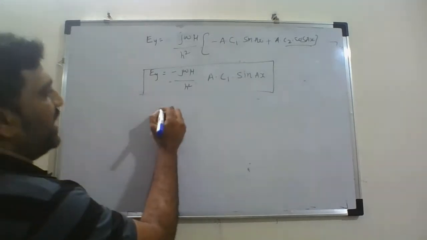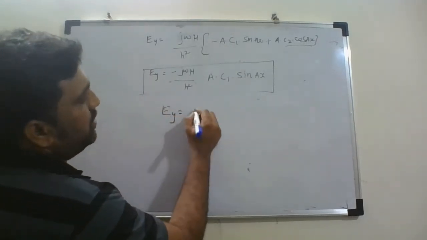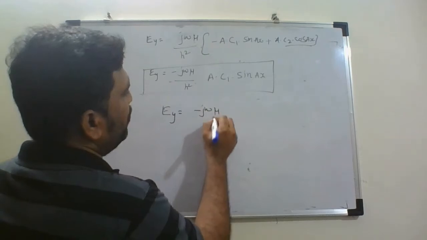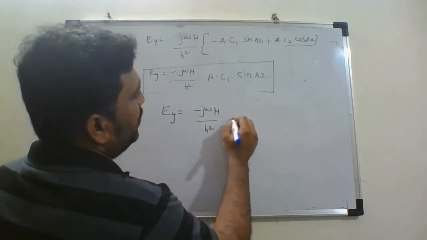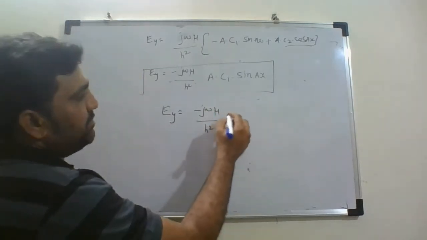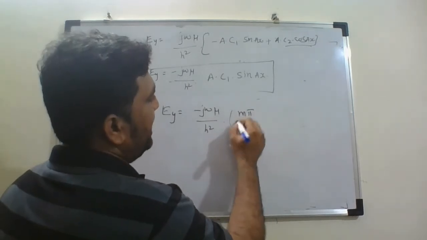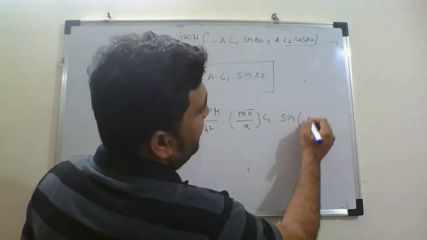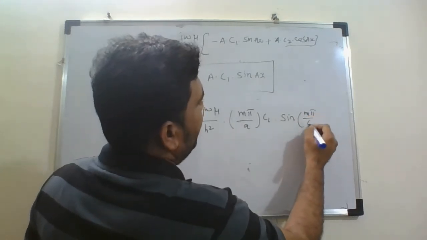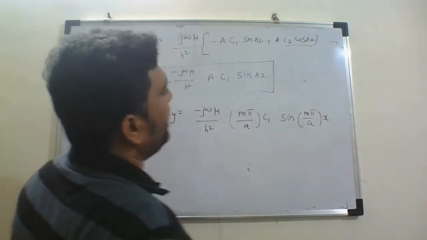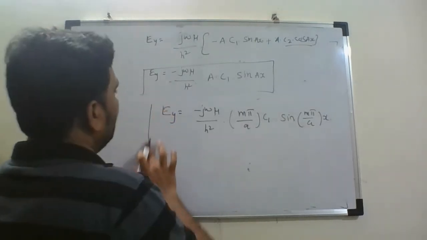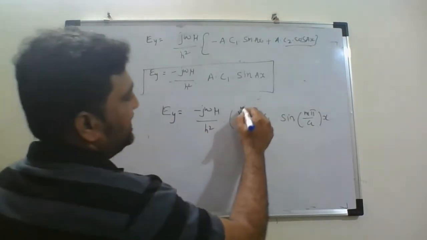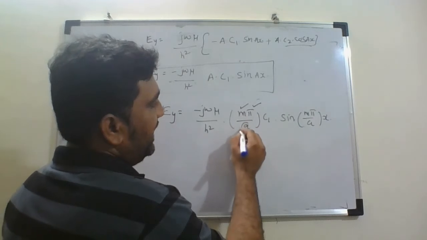So let us substitute that. Ey is equal to minus j omega mu by h square into, in place of A, m pi by A into C1, and sine of m pi by A into X. Here m is an integer, pi is a constant, and A is the dimension.